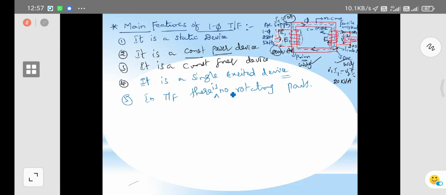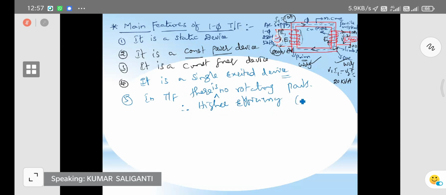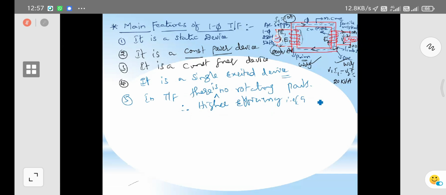Therefore this device has higher efficiency, like 95 to 98%. So this is another point here.